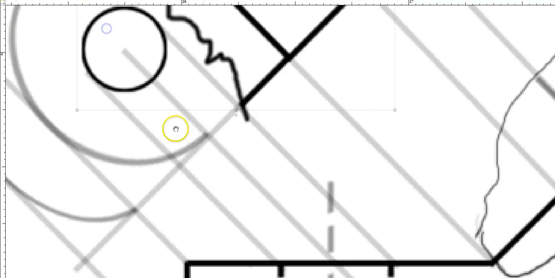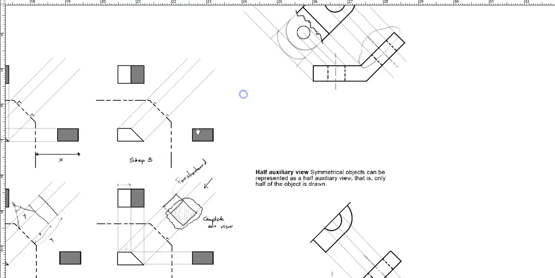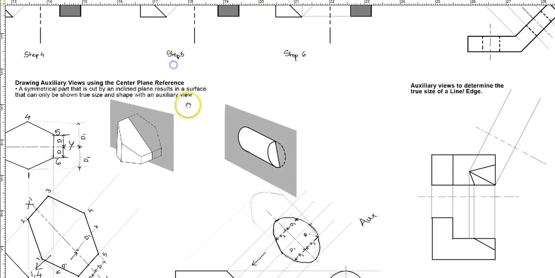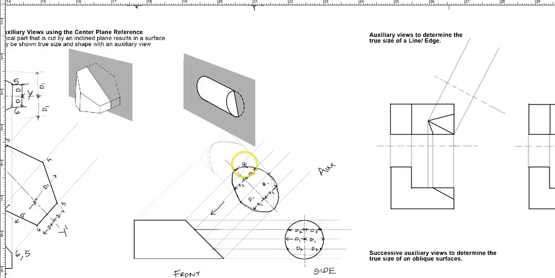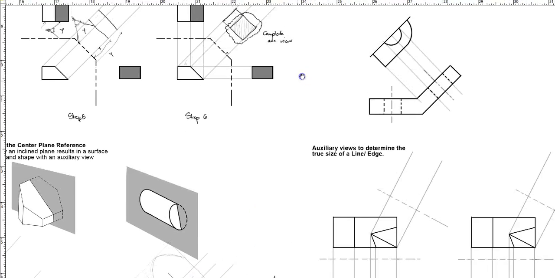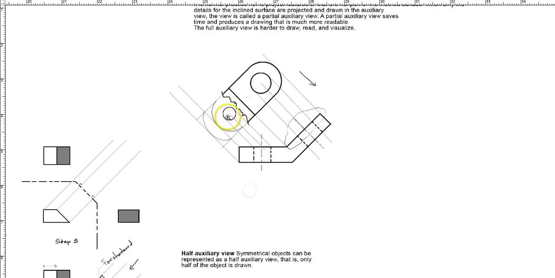Because if I'm looking in this direction, I don't see it as a perfect circle. I see it more like an ellipse, which is the same example that we covered over here. So it'd be more like this shape and not a perfect circle. So this is the wrong example.